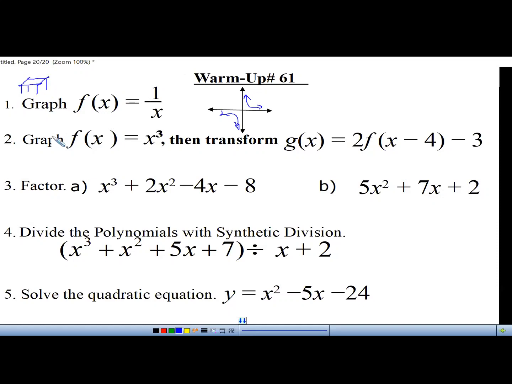There you go. Let me label it: table. Is that pretty clear? Anyways, you guys know what to do with the table, right? Anyways, let's go to number 2.